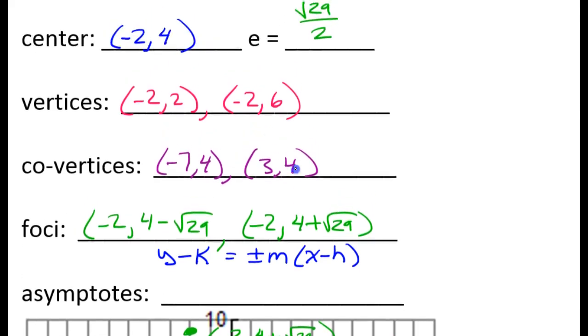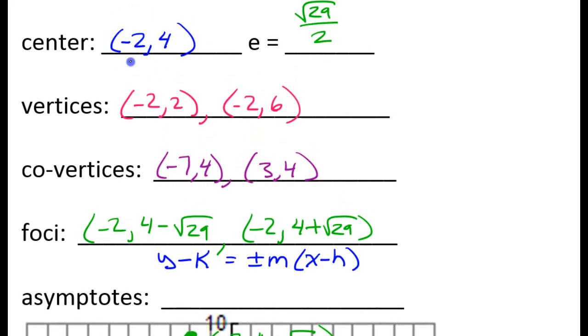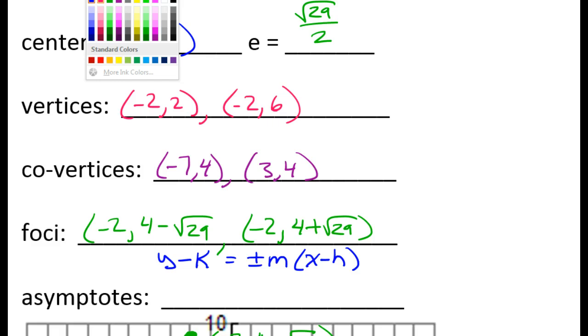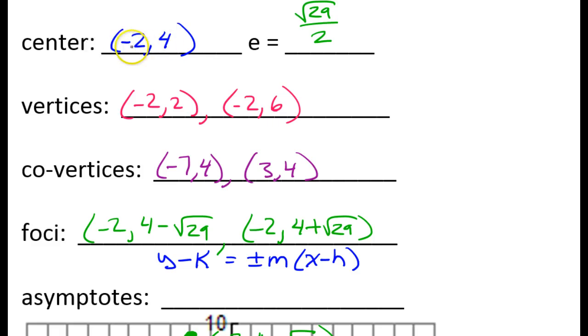So keep your eye on the center. Okay, remember that it's -2 comma 4. So basically we're going to do the opposite of these two values and put them here and here for h and k. But be careful, this is the y coordinate. It's going to go in the y part of the equation. So y minus 4. This is the x coordinate. It's going to give us the x part of the equation. So the opposite of this will give us x plus 2.